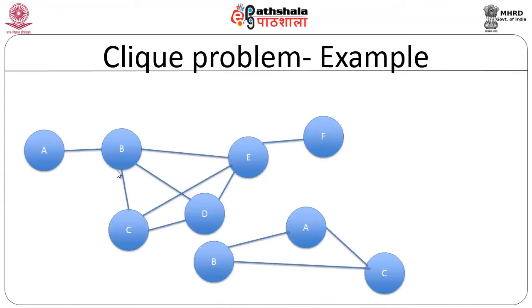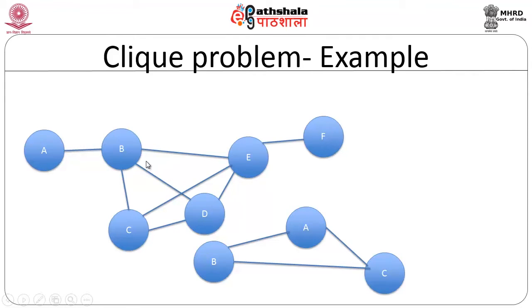We can take some examples of a clique. You can say the triangle. A triangle is a clique, where a node is connected to all other nodes. So a triangle will qualify as a clique; in other words, a triangle is a clique of size 3.